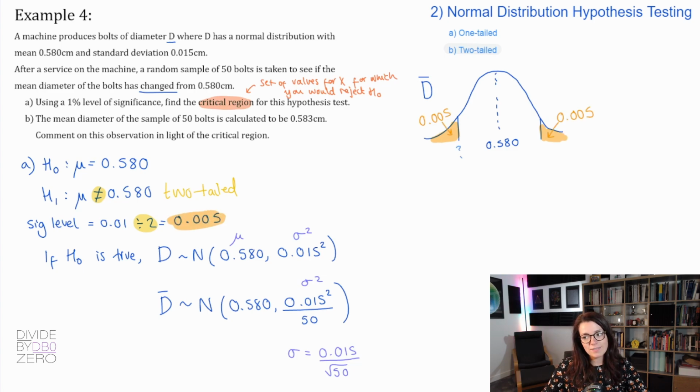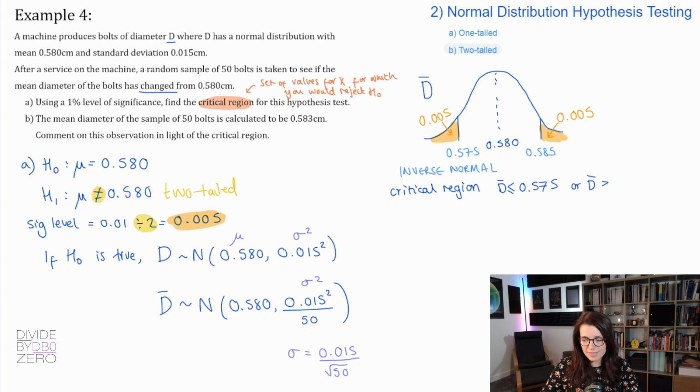To find these values, you can use your inverse normal function, and you should find them to be 0.575 and 0.585. And those will form your critical region. So you can say critical region is anything where D bar is less than or equal to 0.575, or D bar is greater than or equal to 0.585.